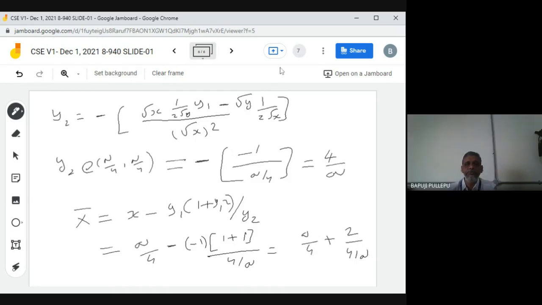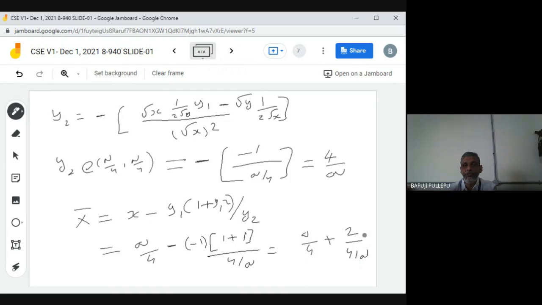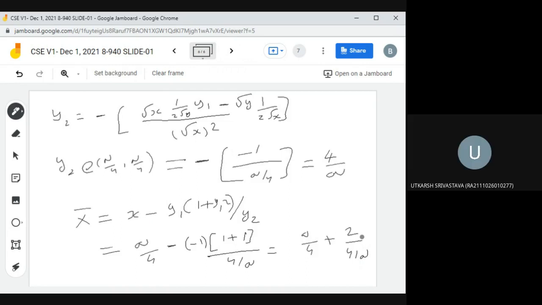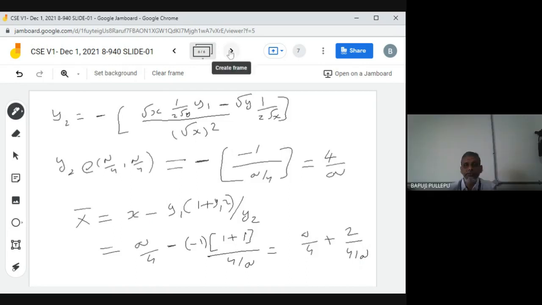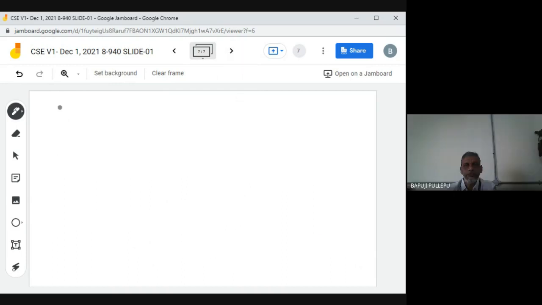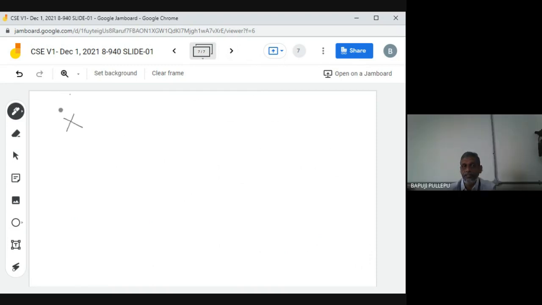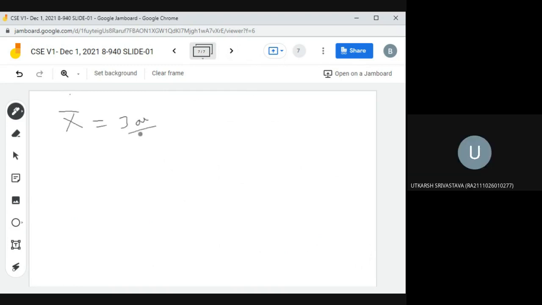So what is the value? 3a by 4. 3a by 4. a by 4 plus a by 2. Correct? Yes, sir. Then what is the value? 3a by 4. That is equal to what? Who is x bar? x bar is equal to what, sir? 3a by 4.